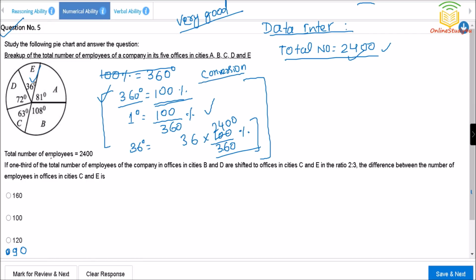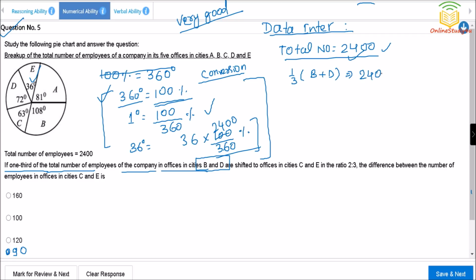Okay, now let us see. 1/3 of the total number of employees of the company in offices in cities B and D. So first we will calculate 1/3 of the total number of employees of the company in offices in B and D. Okay, so 1/3 of B and D office employees we will calculate.